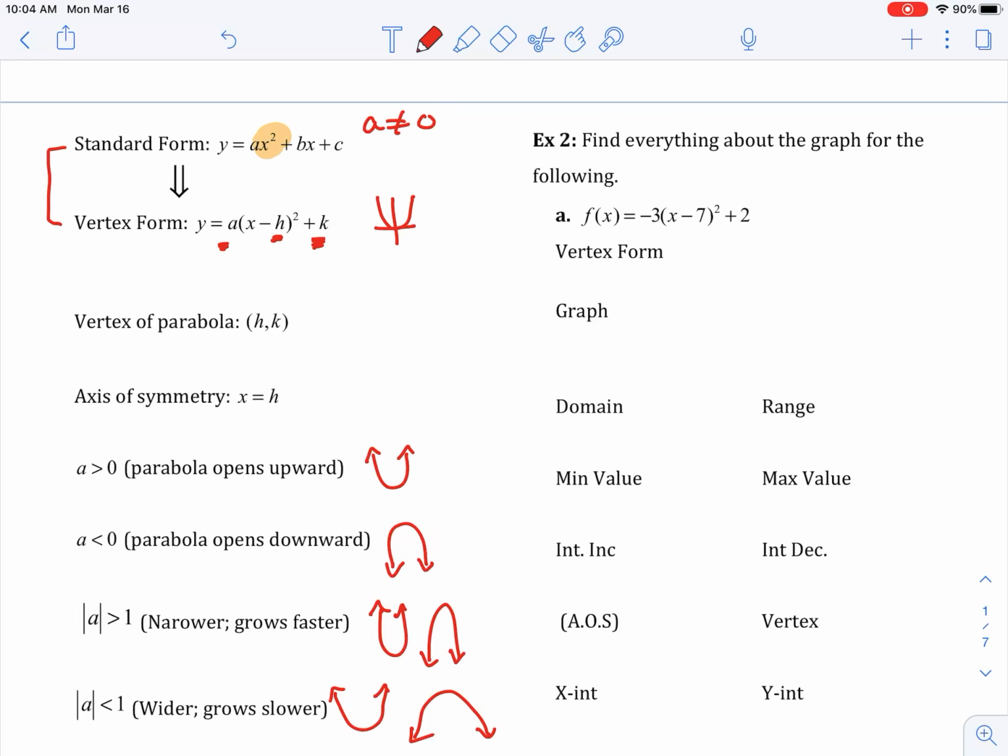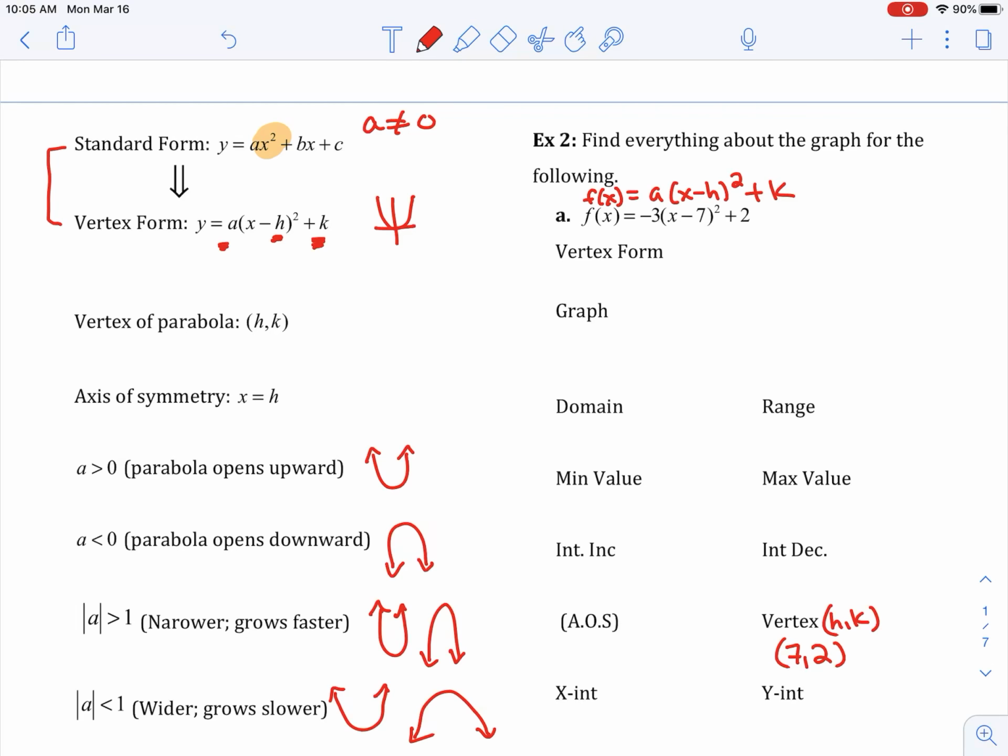So let's look at number 2, looking at the fact that our quadratic here is in vertex form. It is in that form of f of x equaling a, x minus h quantity squared plus k. So when it's in our vertex form, we know that our vertex, that turning point, is our h, k, and in this particular case, our vertex is that 7, 2.